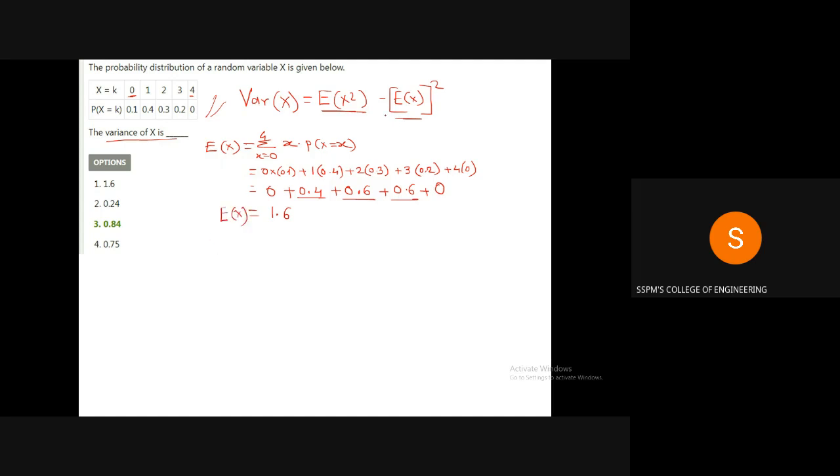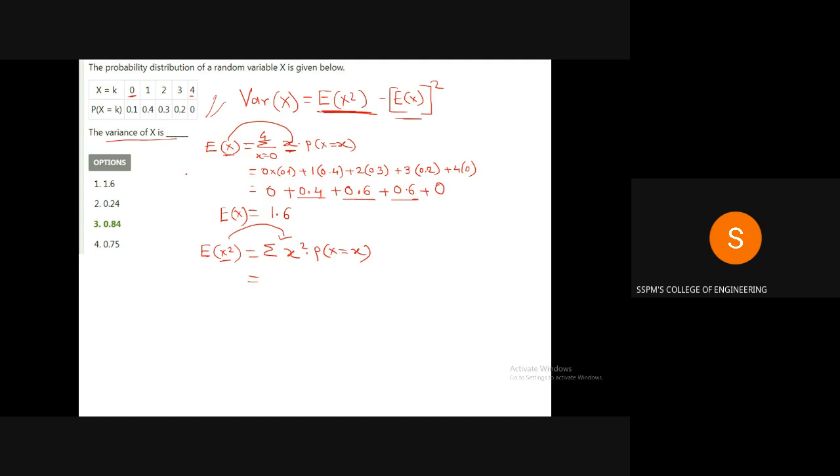So this value is E of x. Now we will have to calculate E of x square. How did we calculate E of x? In the formula it was x, so similarly for x square we have summation of x square into p of x.